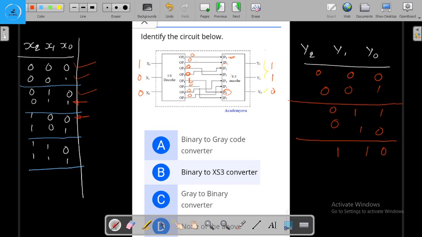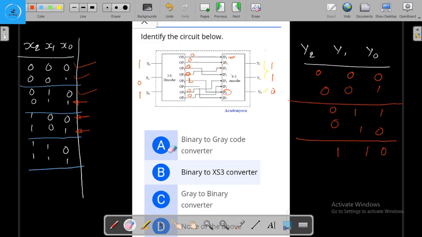Now for the input 101, what are we going to get? For the input 101, the output op5 will be equal to 1, and all the rest of the output bits will be equal to 0.